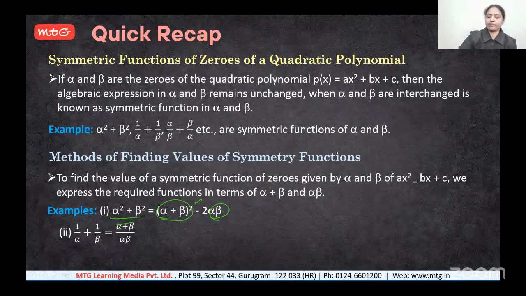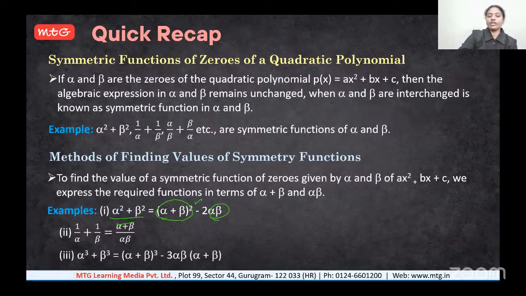To find alpha cube plus beta cube, there is another identity. In class 9, you'll be learning the cubing identity, and from that we will derive the third case. Any doubts? Shall we go for questions?